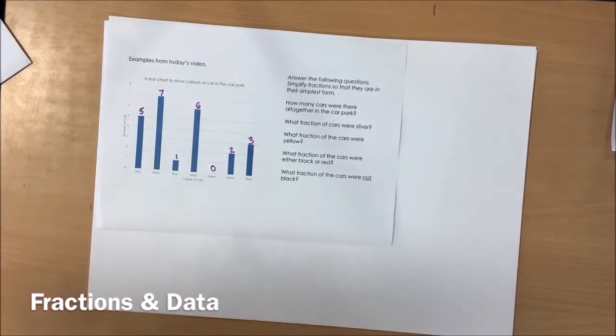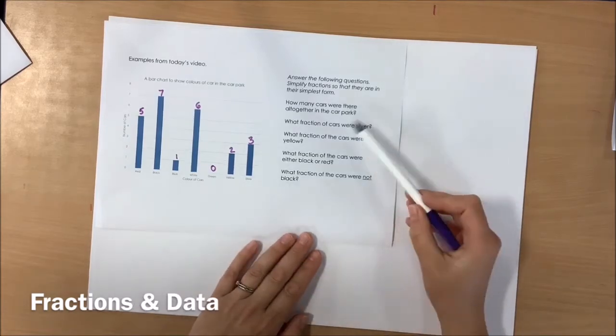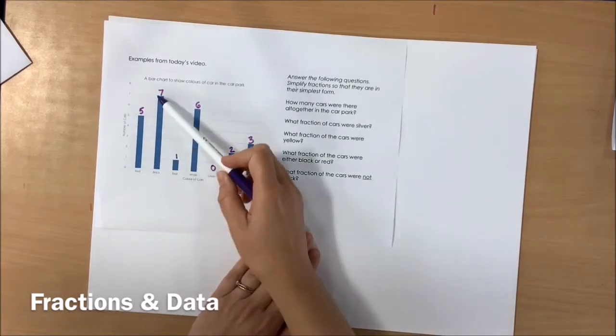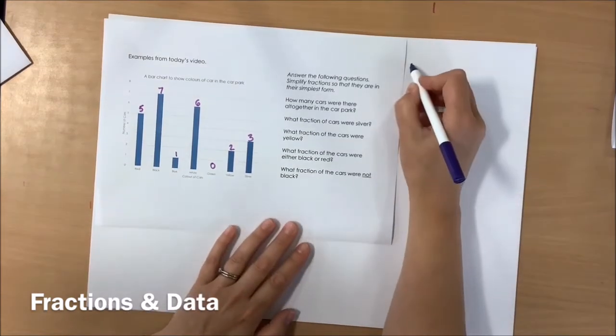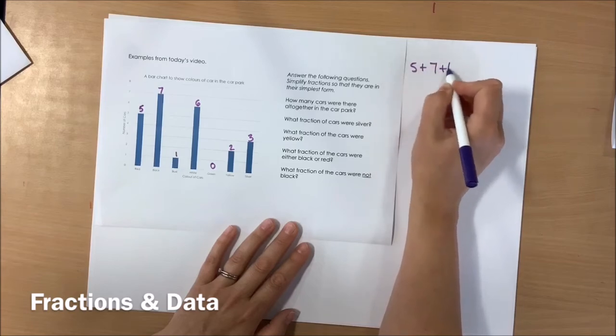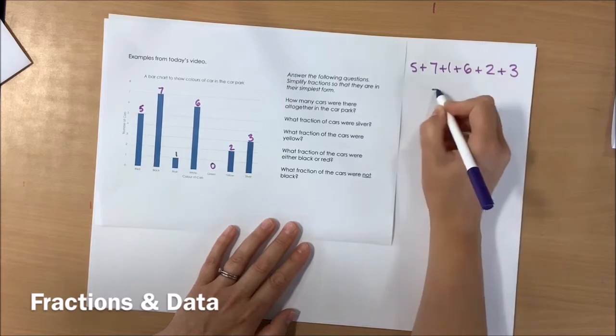So these questions are asking for fractions, and each time the fraction needs to be shown in its simplest form. So question number 1, how many cars were there altogether in the car park? Well, because we've put these totals on, it should be nice and easy now to add those numbers up. I'm just going to write it out so you can see what I'm doing, adding them all together. I'm going to miss out the 0.